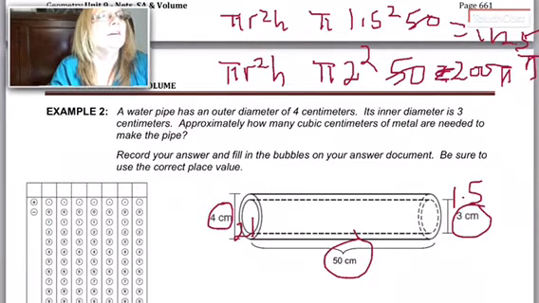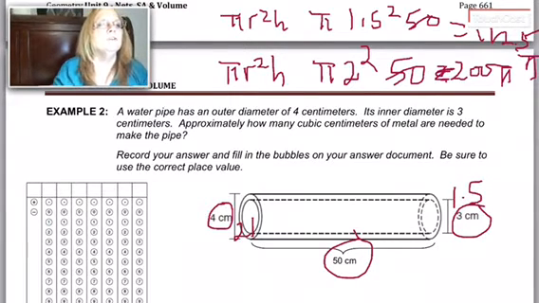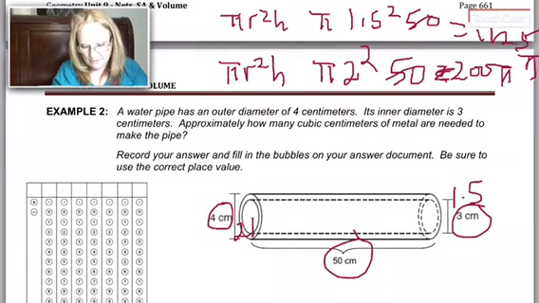Sorry, it's so messy. So I'm just going to take the 200 pi, and then I'm going to subtract the 112.5, which you probably can't read. But the difference is 87.5 pi.